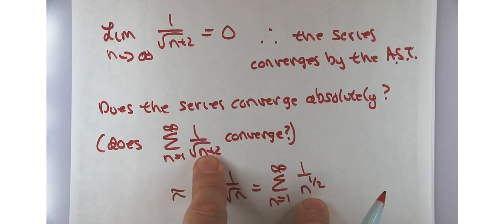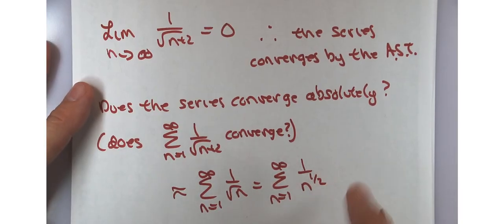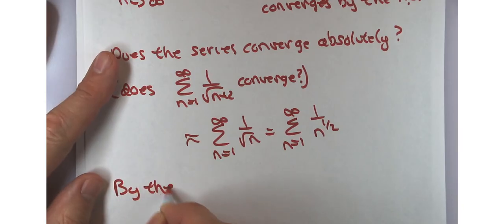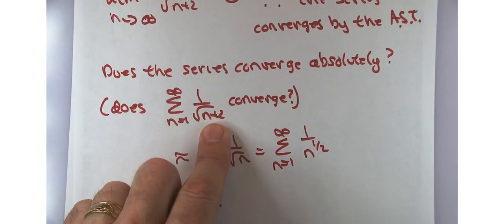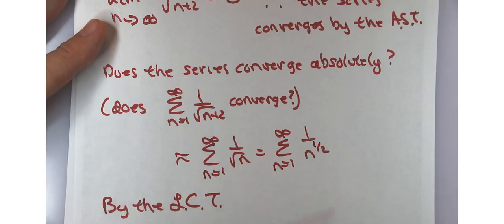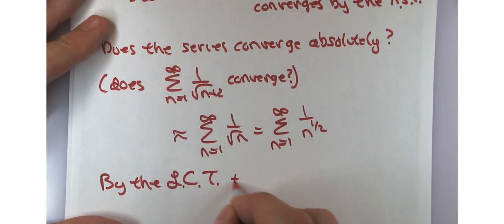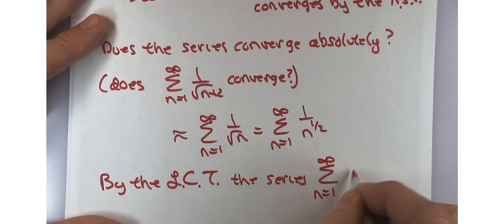So by the limit comparison test, this series is not going to converge. I'm not showing that work here because I want to spend more time with the alternating series. The series from n equals 1 to infinity of 1 over the square root of n plus 2 diverges.